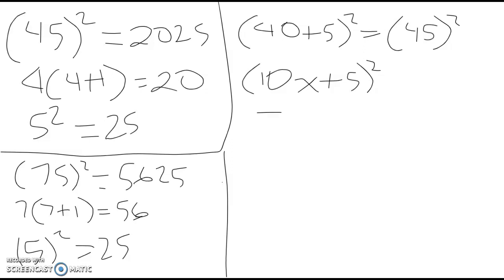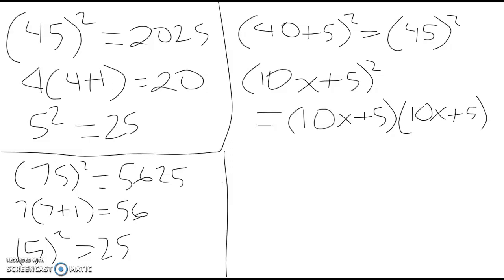So if you do 10x plus 5 whole squared, it would be 10x plus 5 times 10x plus 5, and that would equal 100x squared. If you multiply those two, 100x squared plus 50x, which you get from 5 times 10x, and 5 times 10x again.